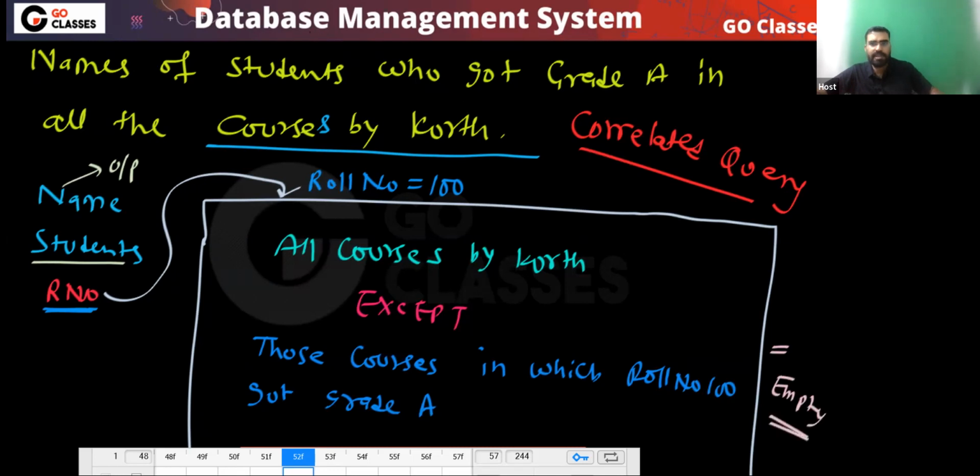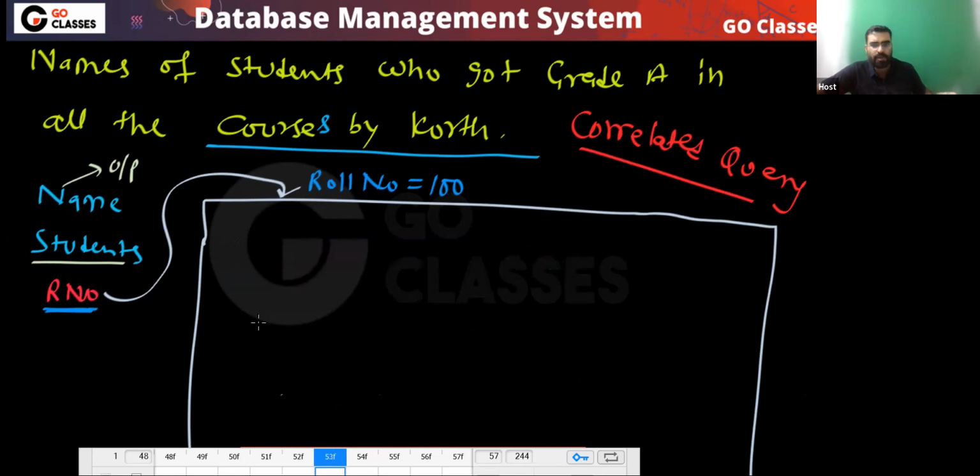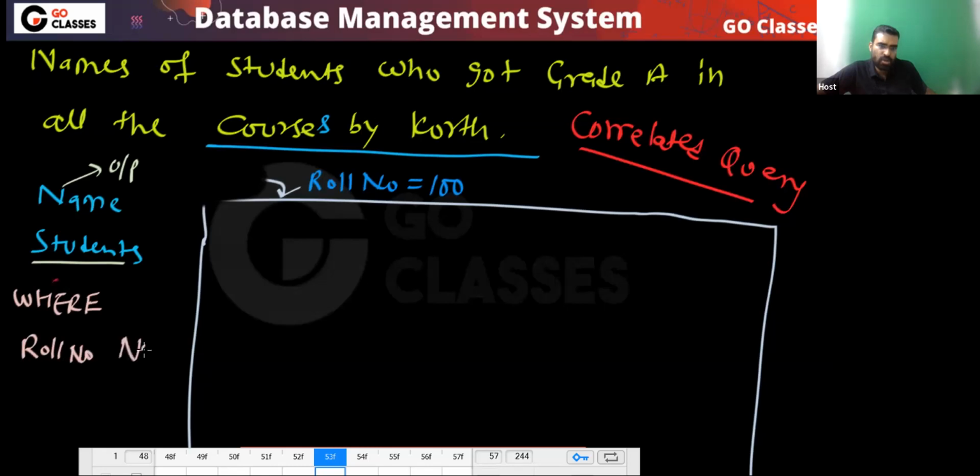Or I can say that in this box no tuple should be there. So I can write it like this: for this roll number, I can write the condition where not exists. Yes or no?